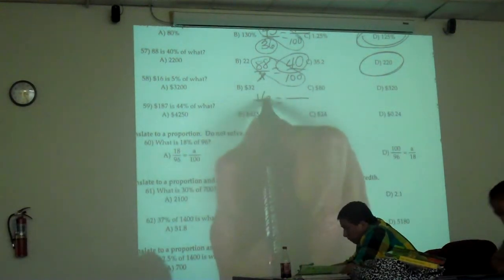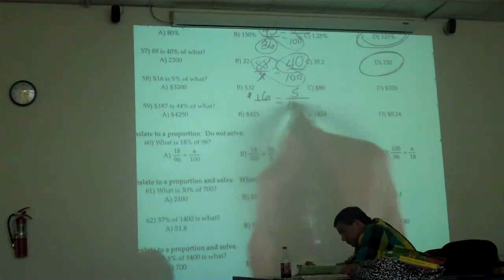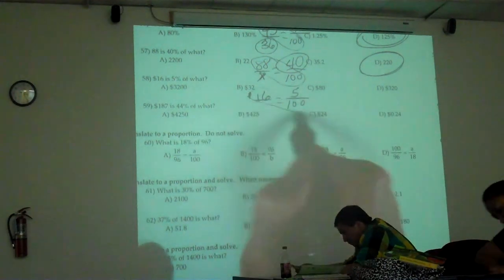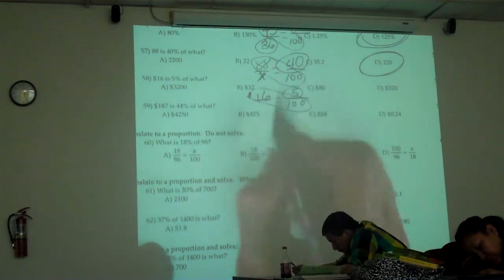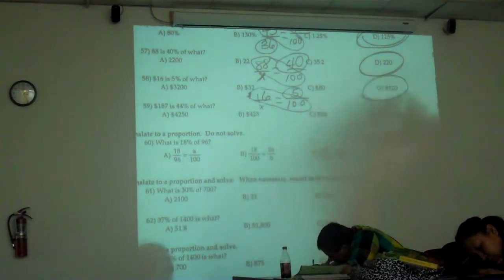16 is, $16 is 5% of what? This will be in dollars. 16 times 100 divided by 5. 320. $320.